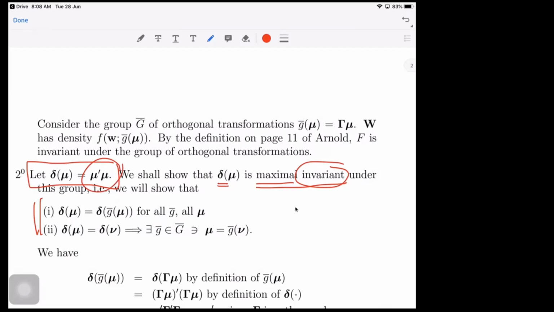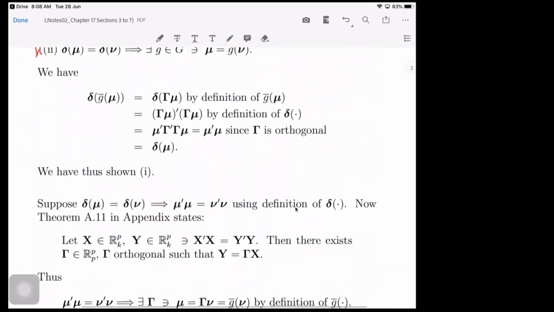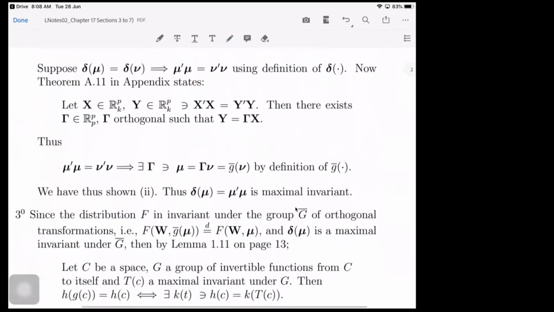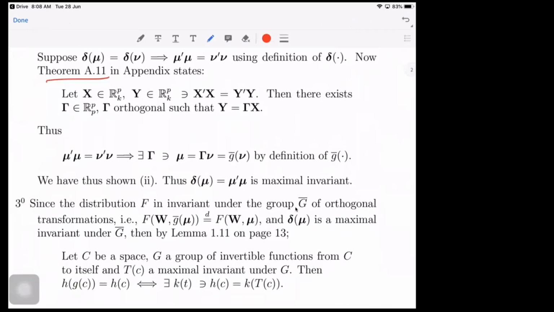So later, if we extend chi-square, the ratio of chi-squares which becomes an F statistic or an F distributed random matrix, we see also because of this property that the F statistic is an invariant test. So you have to go through that using the orthogonal concepts and the invariant concept, and then use some theorem in the appendix to conclude that mu prime mu is a maximal invariant.